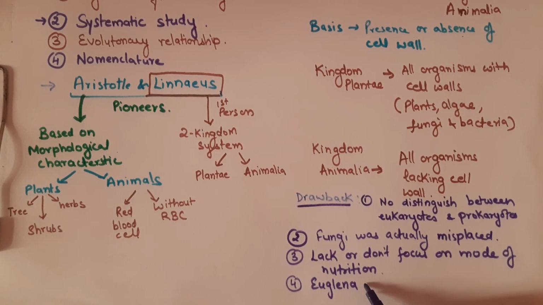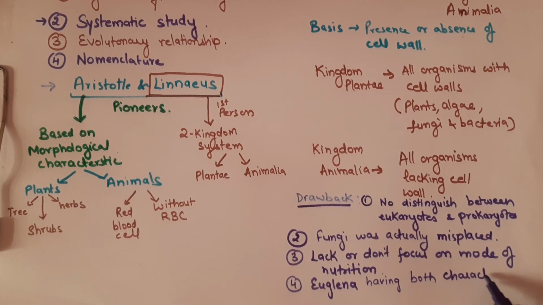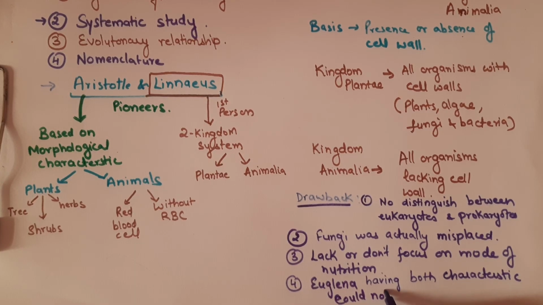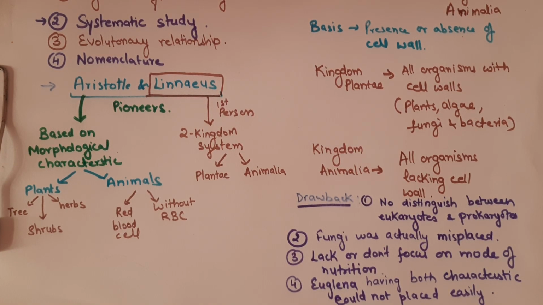Having both characteristics, they could not be placed easily because there are only two categories: kingdom Plantae and kingdom Animalia. So the organism that exhibits the characteristics of both the plant and the animal cell, how can we place it? So this is the drawback of the two kingdom classification system.